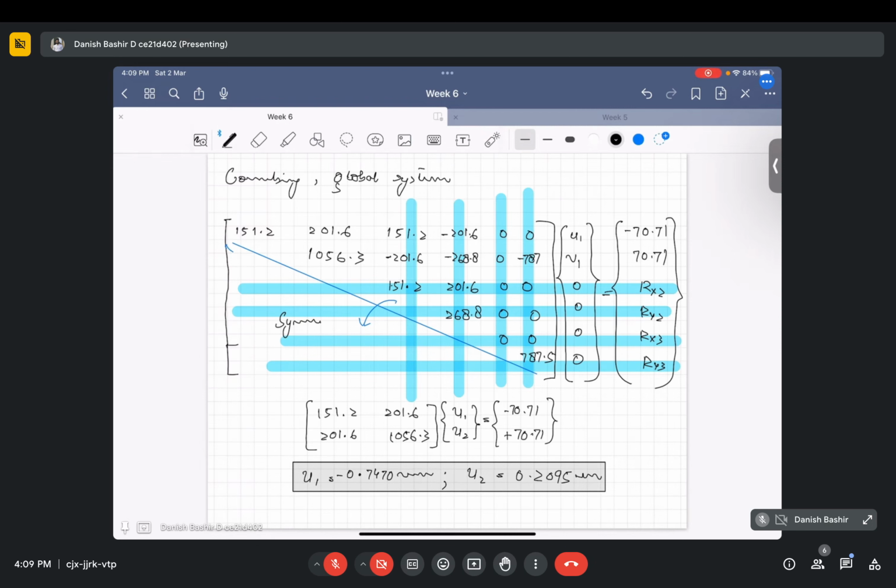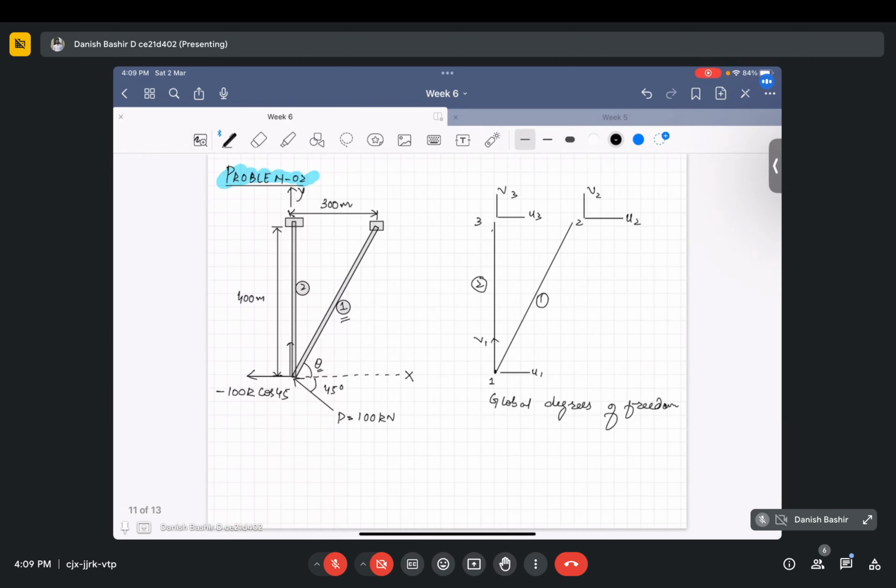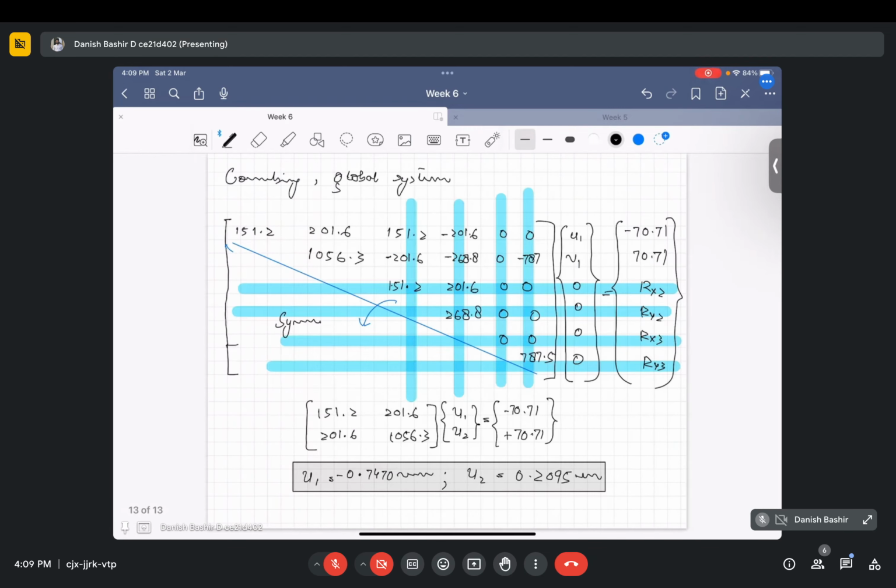Okay, I hope this thing was clear to you guys. So in today's lecture, we saw the formulation for a 2D analysis of a truss member. Then we solved one numerical problem where the truss members were aligned like this.